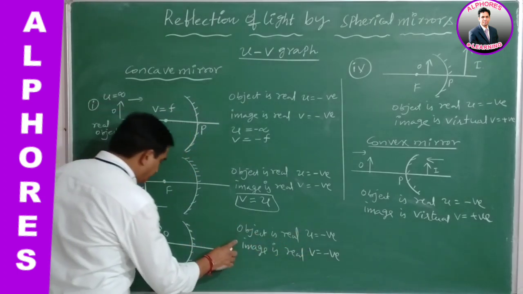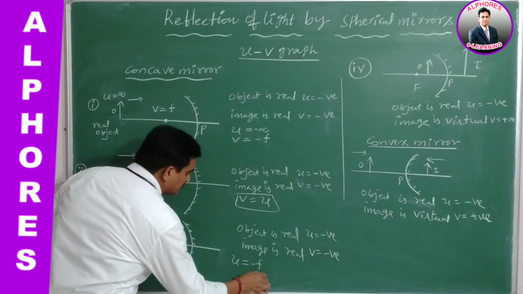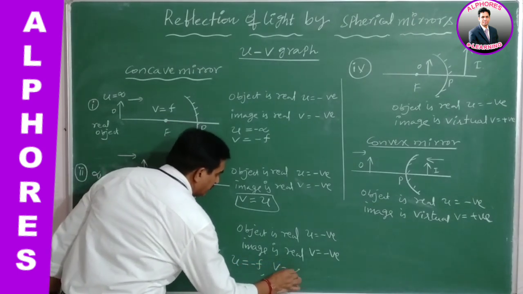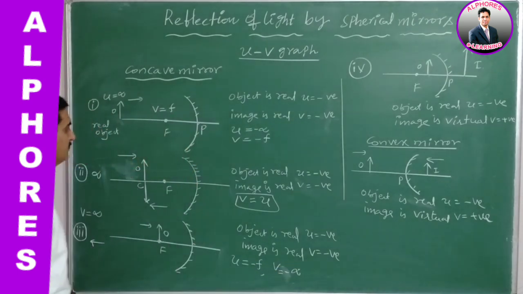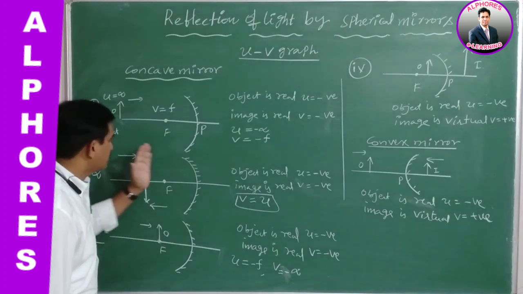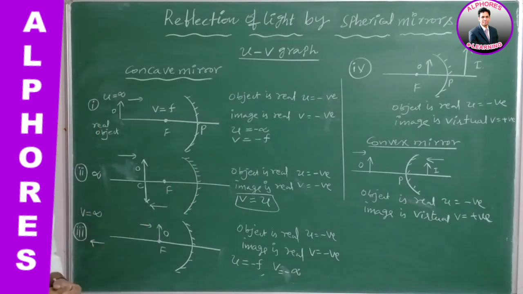But here the case is the object distance we are taking at focus, image V is infinity. Right? It is quite reverse. Finally, we conclude that whenever the object approaches the mirror, the image moves away from the mirror.